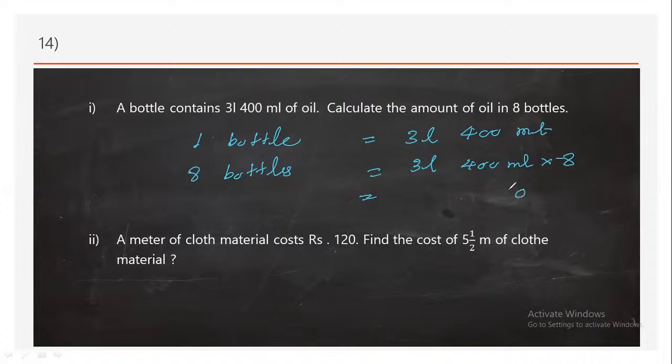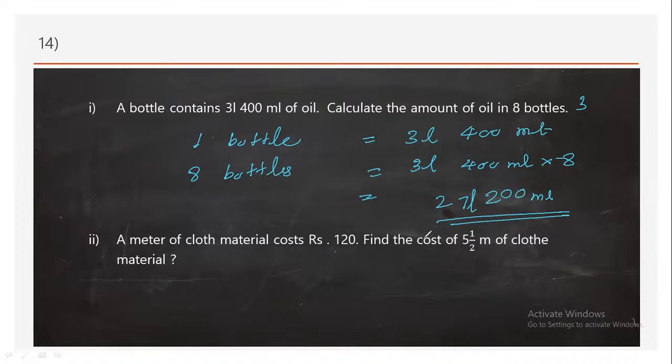It means 8 times 400, 8 times 4, 32, 3 remain. 8 times 3, 24, and this 3, 27. 27 liters and 200 milliliters.